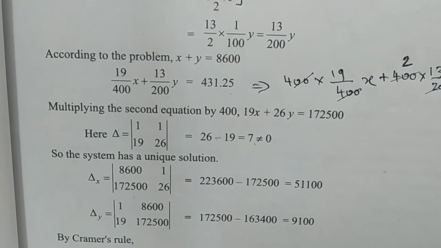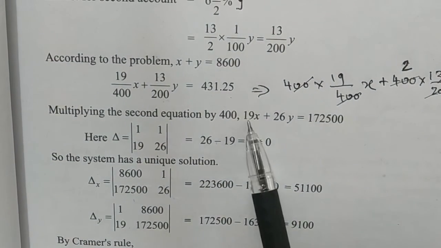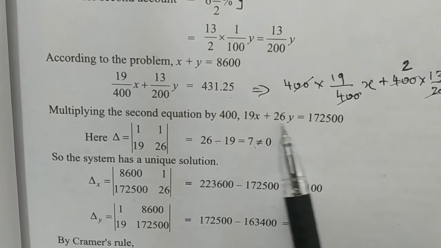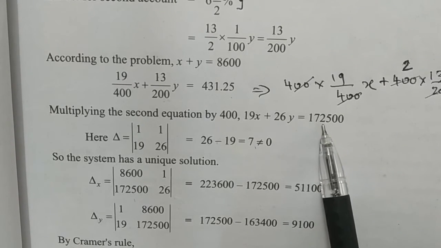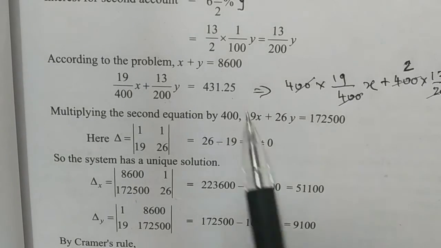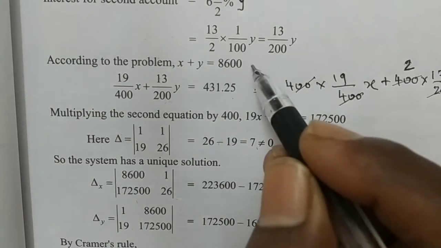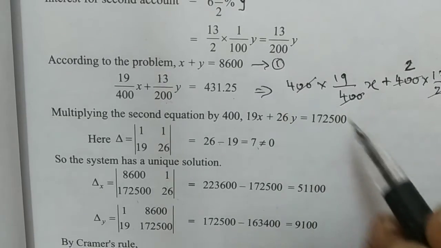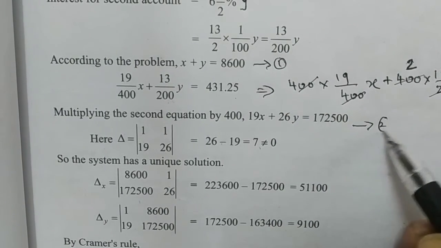So we get an equation like this: 19x plus 26y equals 1,72,500. These are the two equations: this is equation number 1 and this is equation number 2.